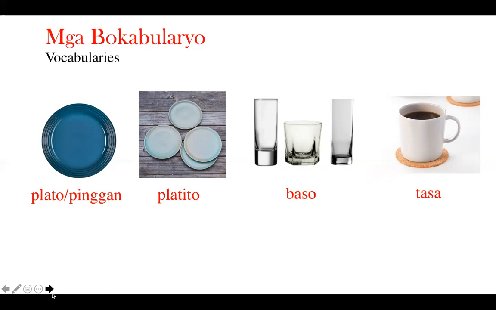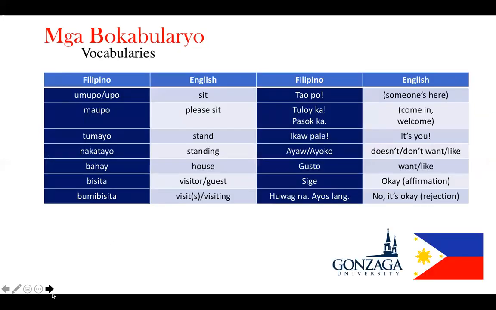Okay, if I tell Braxton, umupo ka. What does it mean? Braxton, umupo ka. Umupo or upo means sit. Okay, but in Filipino culture, do not use one word only. Let's say, Aliyah, upo.